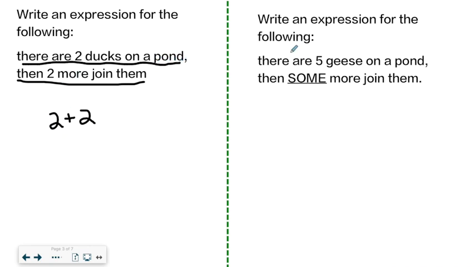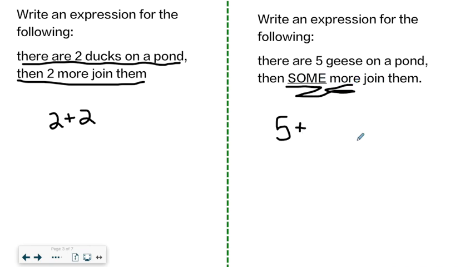We can see that. But if we read here, there are 5 geese on a pond. So we're going to have our 5 here. Well, then some more join them. Well, we know join them is going to be addition. But what is the sum? Some more, a couple more join them. What does that really mean?